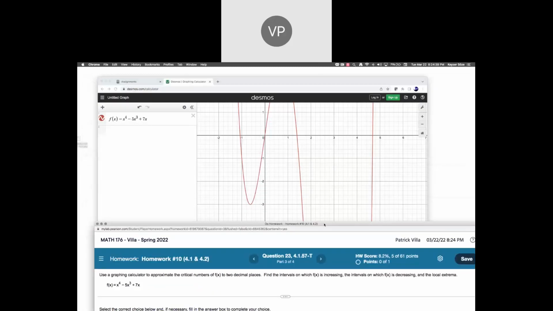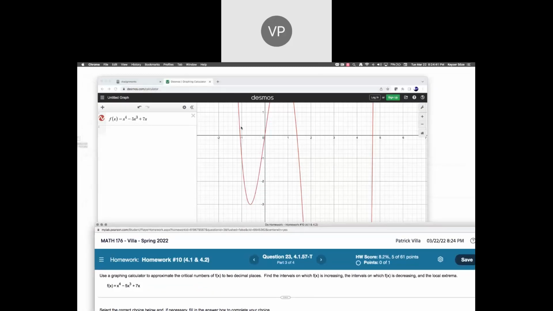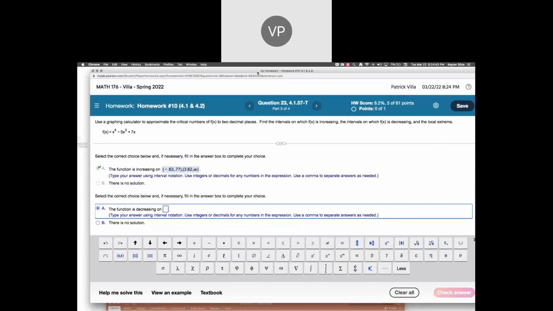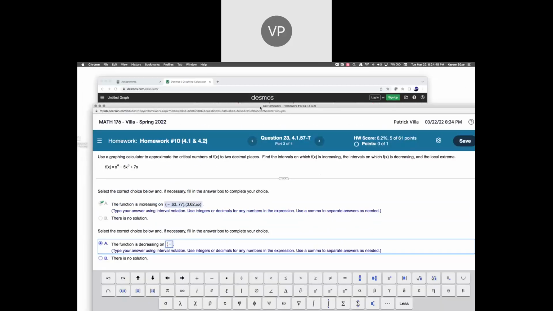But now decreasing, remember it's everything from negative infinity up until that first point. So negative infinity up to the negative 0.63. And then, like I said, I'm just going to use the union to see if they mark me wrong.